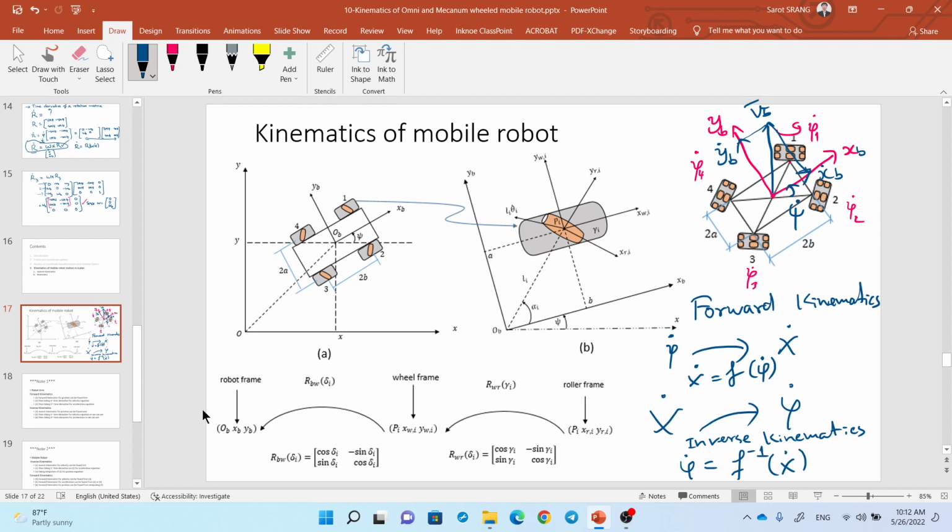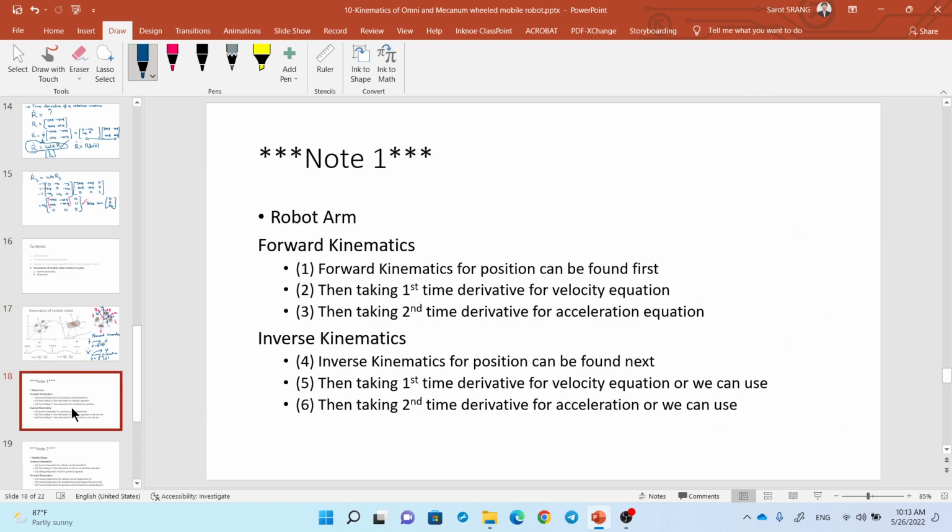And now I want you to note something. It is very helpful for you to come up with how you can start looking for forward kinematics or inverse kinematics. Because in the Introduction to Robotics part 1 you have learned robot arms already, so I put this together for you to have some insight on forward and inverse kinematics.